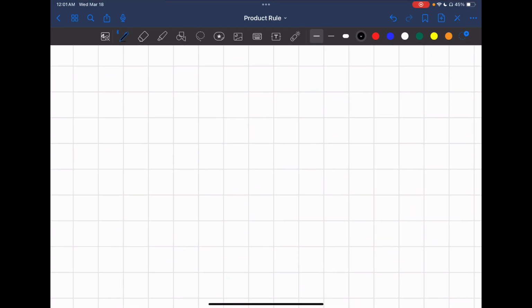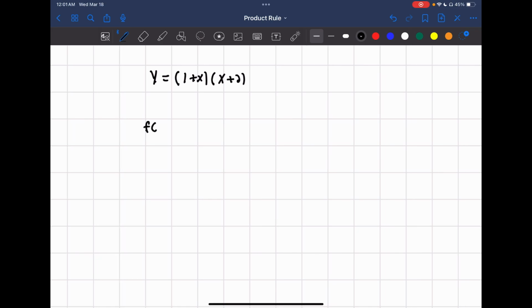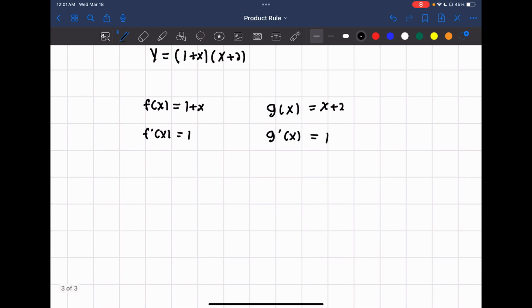In our next example, we would have y equals x plus 1 times x plus 2. So f of x will be x plus 1. f prime of x will be 1. g of x will be x plus 2. g prime of x will be 1.